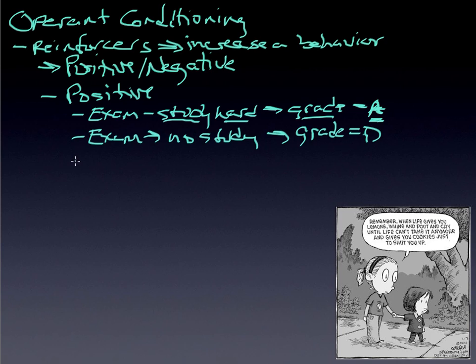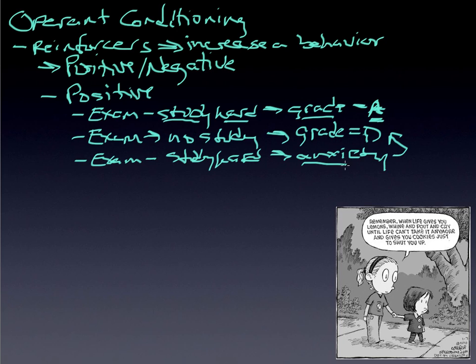So the next exam comes along and you study harder, which is removing this grade or undoing it, if you will. So study harder. And that removes the anxiety of a bad grade that you had in this case. Okay? So it acts as a negative reinforcer. In other words, it increases your activity by the removal of this anxiety.